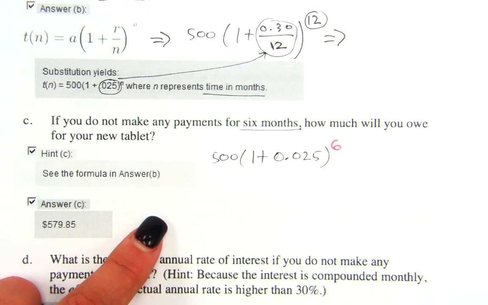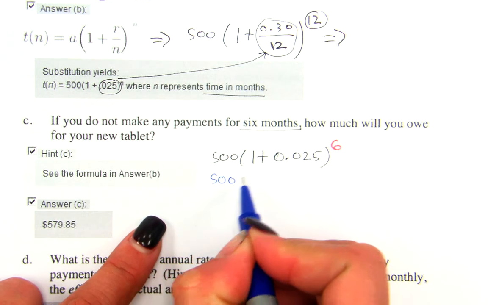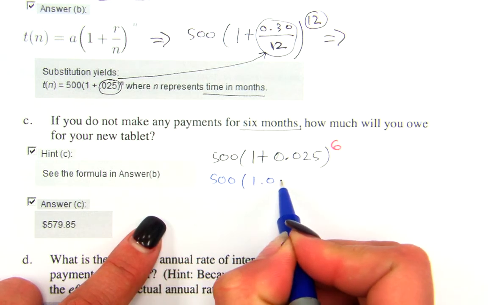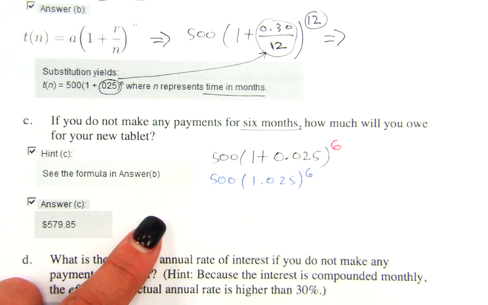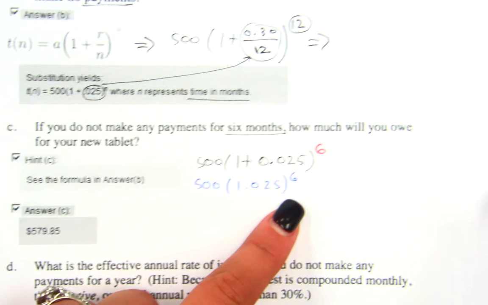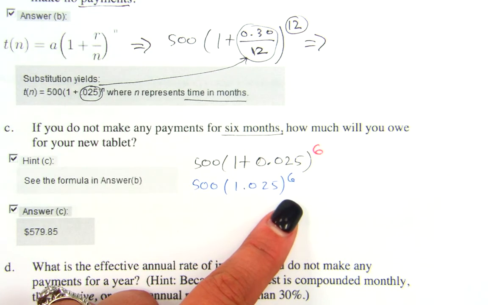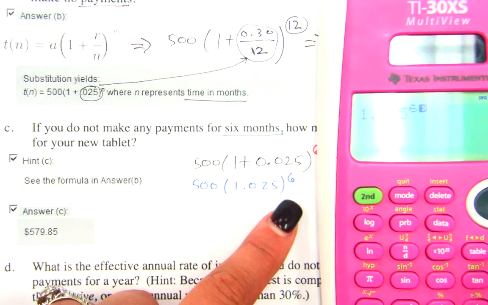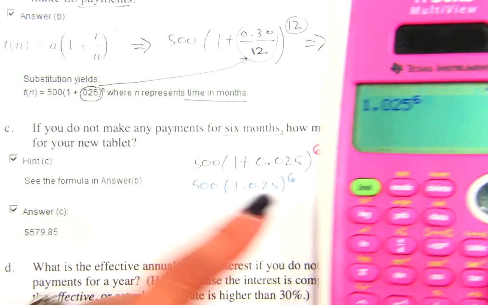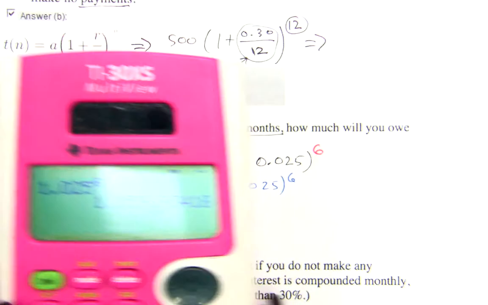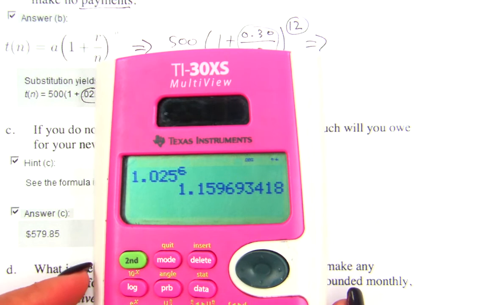Okay, so let's do the work. So 500 times 1.025 to the 6th power. I'm doing this on the calculator, by the way, because I'm not doing this in my head. Is 1.15.